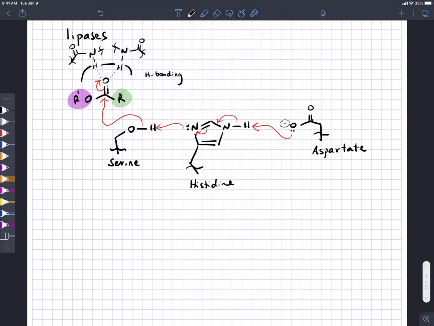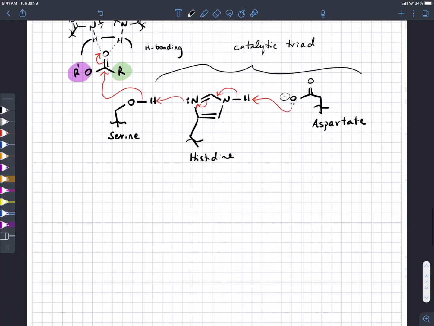This group of three amino acids is called a catalytic triad, and it's used all over the place, even in other enzymes, when you want to do hydrolysis of ester or amide bonds. It basically acts as a proton shuttle, in the sense that we need to get rid of that proton to make serine a good nucleophile. And in order for histidine to be able to do that, we need to get rid of this proton.